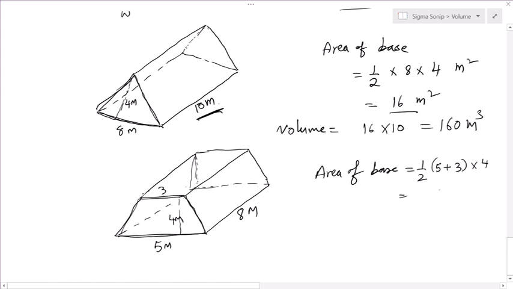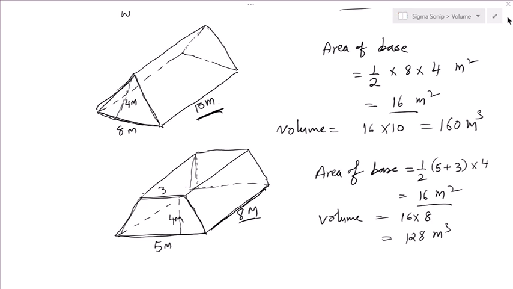So we come up with 16 meters square. So volume is equal to area of base times the length. So this is my length, 8 meters. So 16 times 8 is equal to, I hope I'm doing my maths right. That's how you do it.